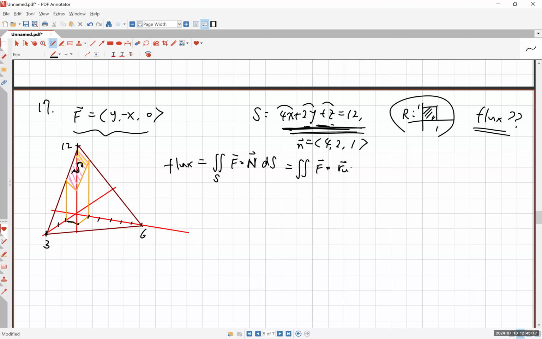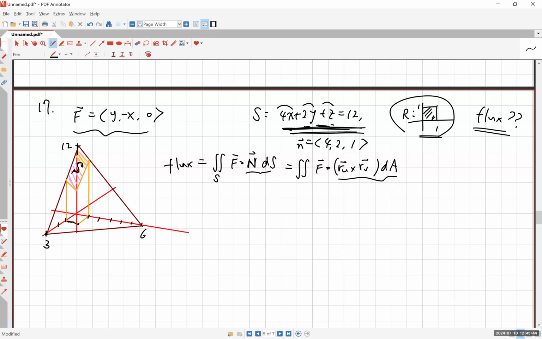You don't actually have to find that. You can do this parameterization Ru, Rv, take the cross product, and that with these bounds, okay, well, the du and dv or dv, du, whatever. So you take the dot product of F with the cross product of Ru and Rv, and this part is going to replace this thing.